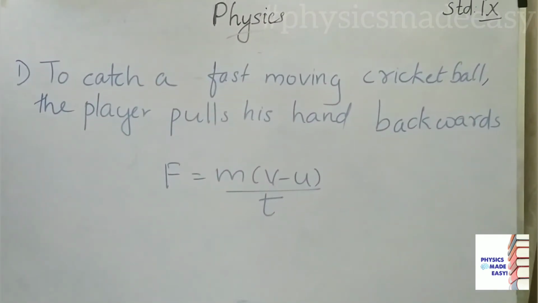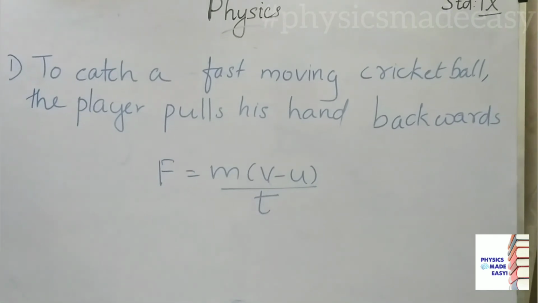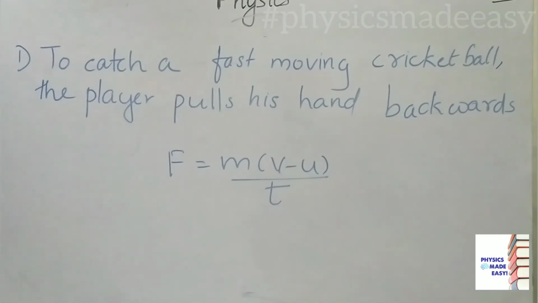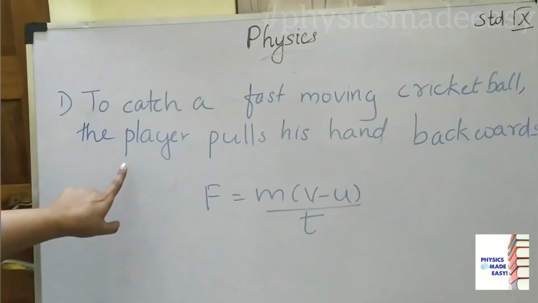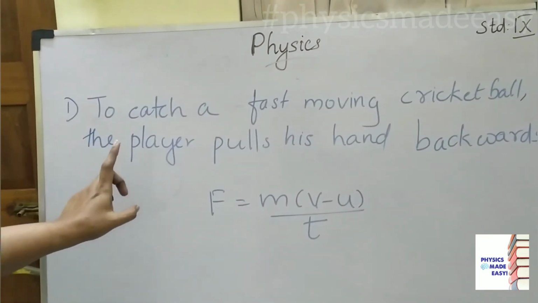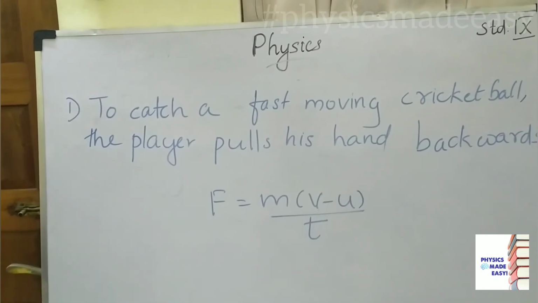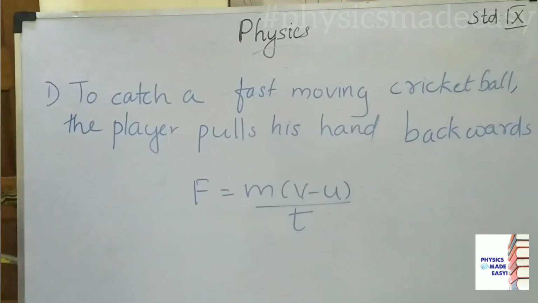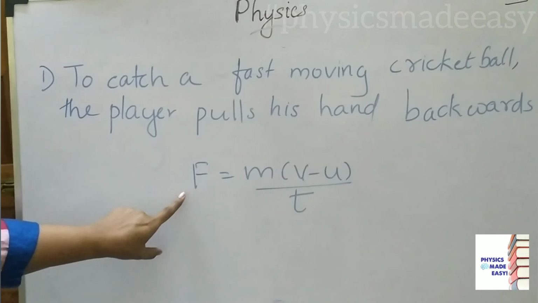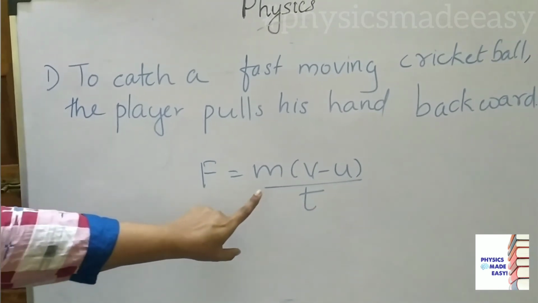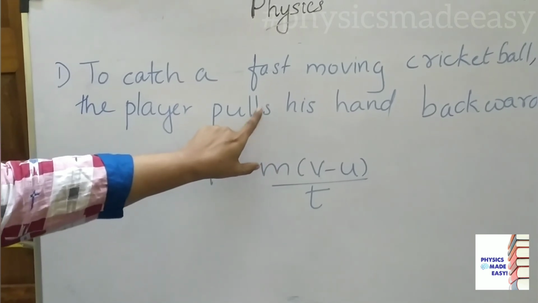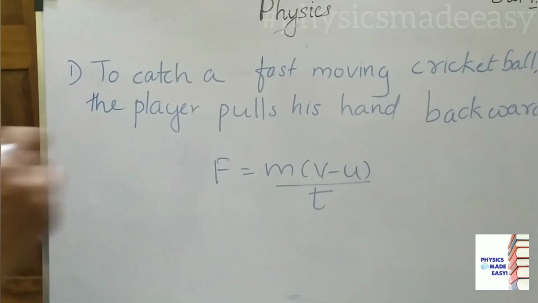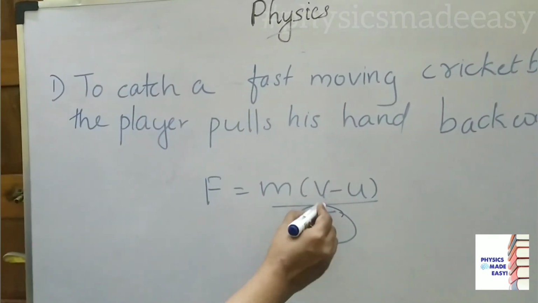Let us see some applications of Newton's second law of motion. This you also have experienced. To catch a fast moving cricket ball, the player pulls his hand backwards. What is the reason for that? You know from Newton's second law we have this equation F is equal to m into (v minus u) by t. What is this person doing? For increasing this time. Now this time is in the denominator.